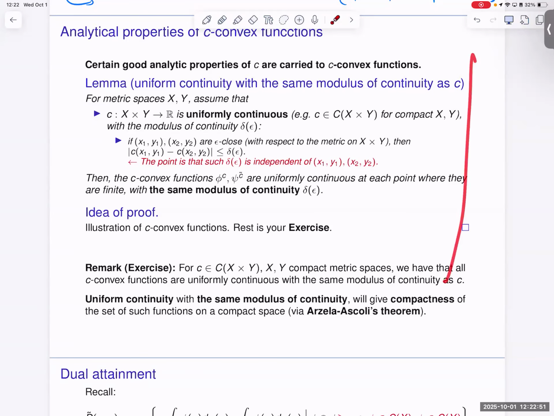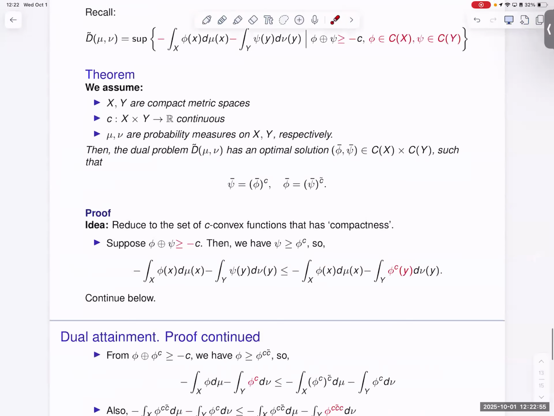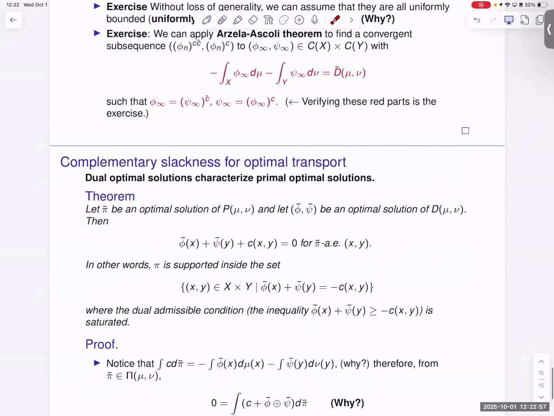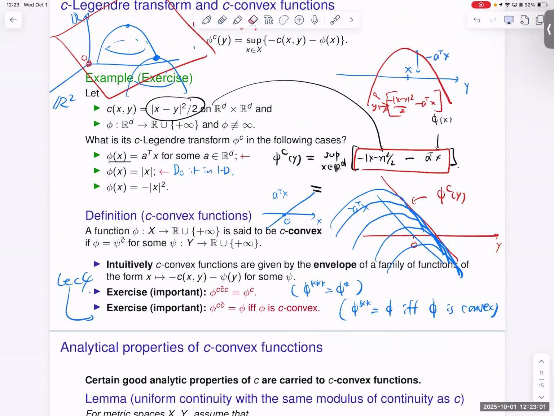We will do that, and after that we can prove this dual attainment and so on. Okay, thank you for your attention. Let me stop now. Thank you.